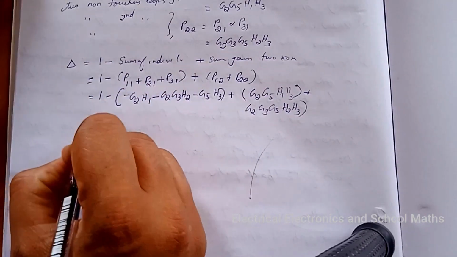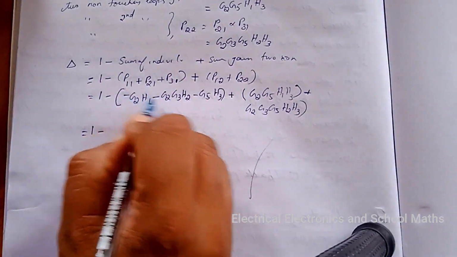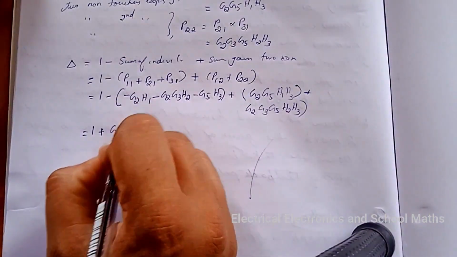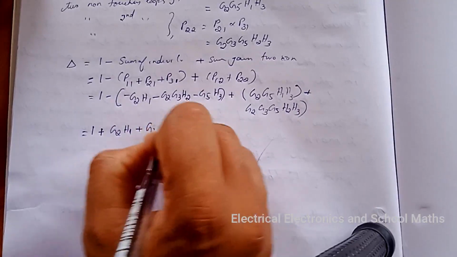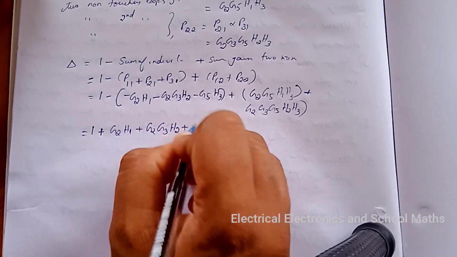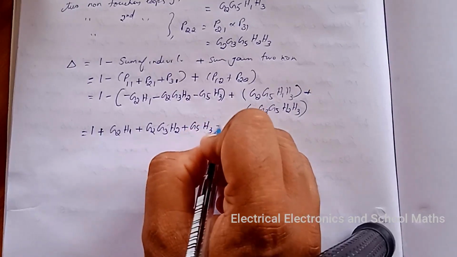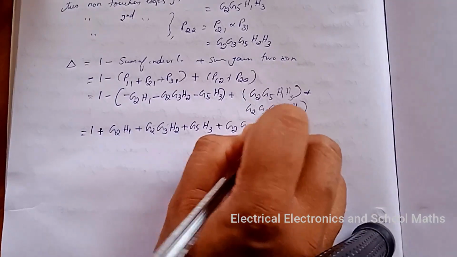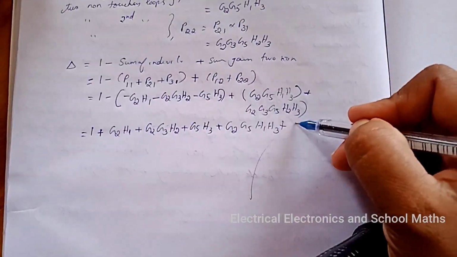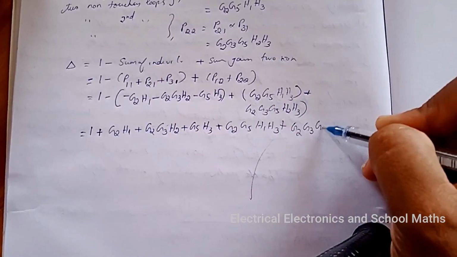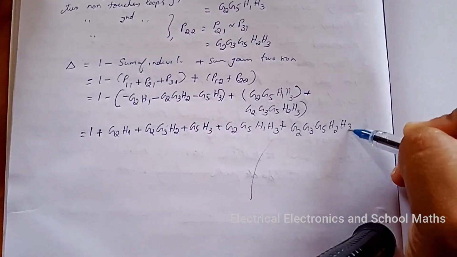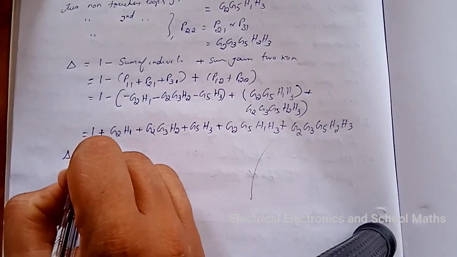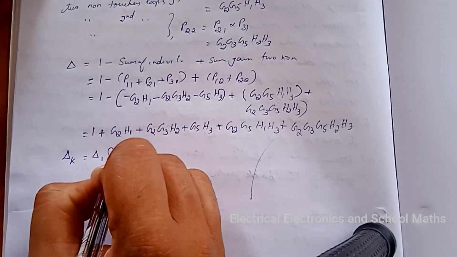We can take the minus outside, so it will be plus here: delta equals 1 plus G2 H1 plus G2 G3 H2 plus G5 H3 plus G2 G5 H1 H3 plus G2 G3 G5 H2 H3. Now we have to find the values for delta k, that is, delta 1 and delta 2.